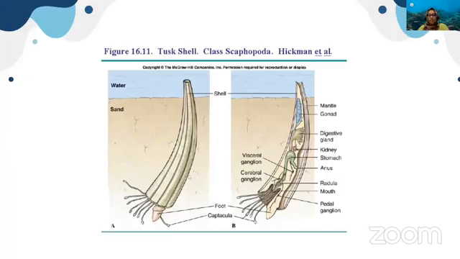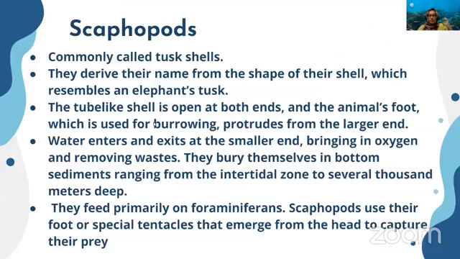From this large end, the animal's foot protrudes, which is used to burrow into the sediments, and water enters from the small end and goes out. Through that they can exchange oxygen as well as the waste from their body.